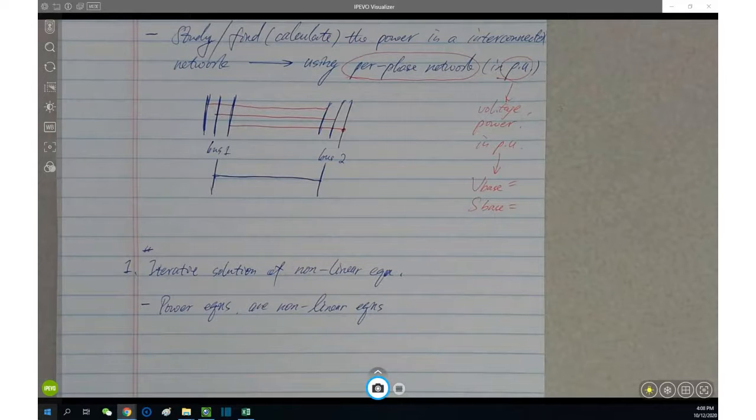What do we mean by a nonlinear equation? Anyone know? How do you tell that an equation is nonlinear? It's not difficult, not something difficult.